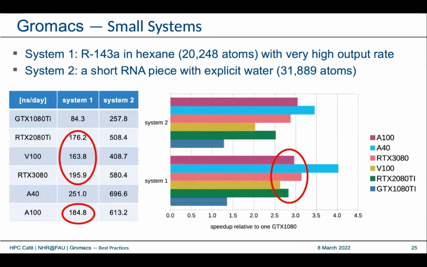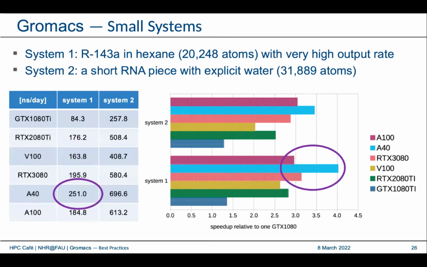For the A40, actually, we see a slight advantage, which is probably caused by the combination of single precision peak performance and the more powerful host compared to the RTX 3080. And also the simulations are run with the data on the local hard disks.